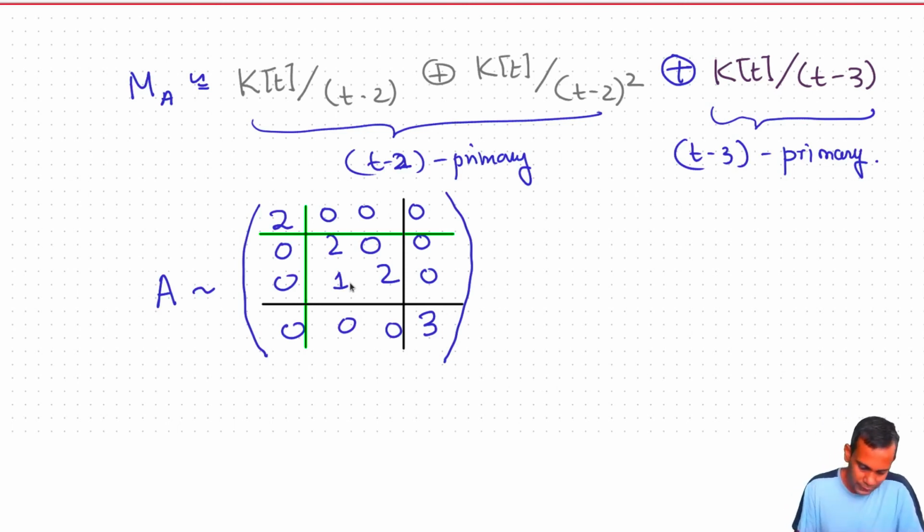Let's just do one more example to get this a little clearer. So again, we'll say that we know the matrix in rational canonical form. So we already know how to compute the rational canonical form of a matrix. So we'll use that as a starting point to get to the Jordan canonical form.